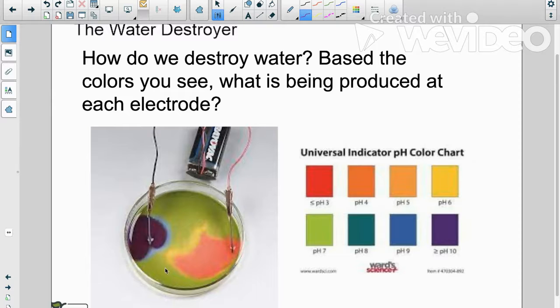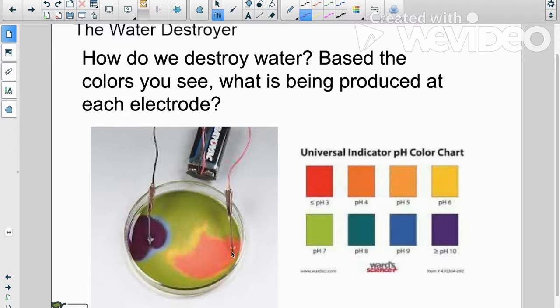So in this demonstration, we put in water with some universal indicator that changes different colors based on the pH. And you can see here on one electrode, we see the pH changing to a much lower pH than the pH 7 of the water. And on the other electrode, we see the purple appearing, showing that a much higher pH, a basic pH, is being created.